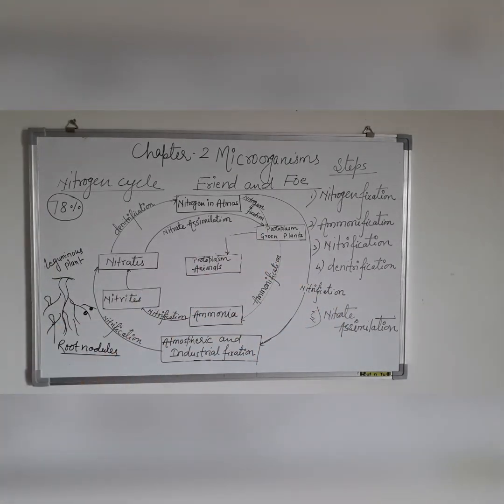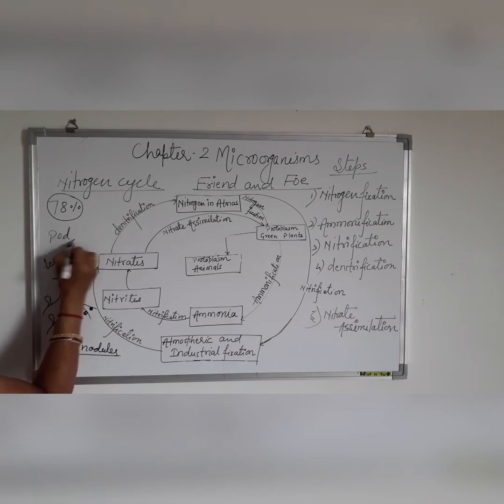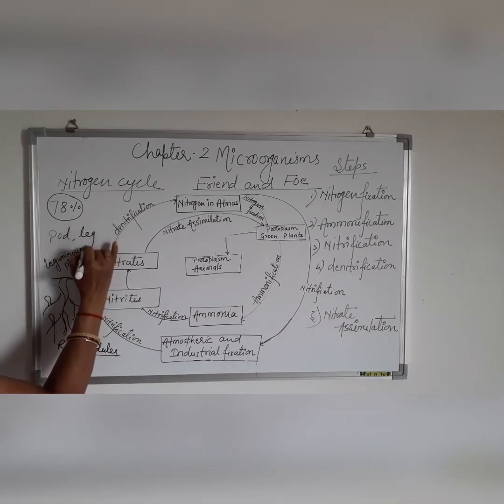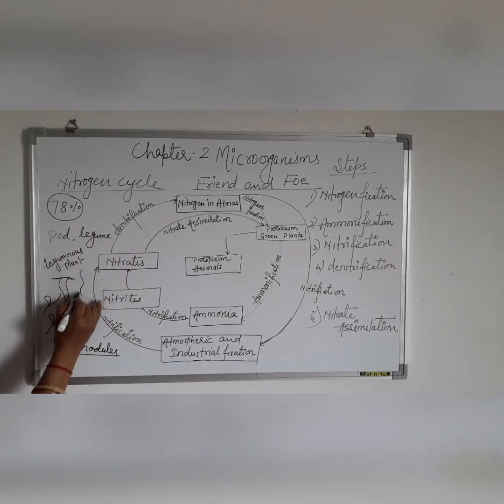Okay children, the first step is nitrogen fixation. As we have learned, leguminous plants means the plants which bear the pod. Pod means legume. This is the pod.